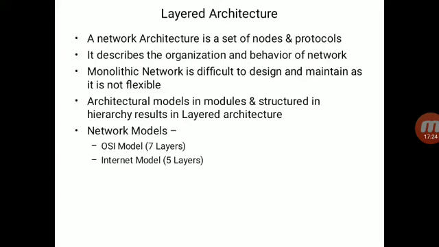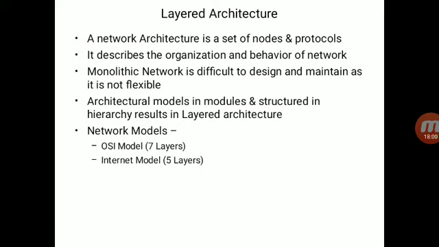And even if we may build it, it will be difficult to have communication between the floors. It will be difficult to climb from the ground floor to the fourth floor, and difficult to come from the fourth floor to the ground floor. So the communication between these floors will be very difficult. Such a building we can call monolithic. That means it is formed in a single layer, and it will be difficult to design and maintain as well.